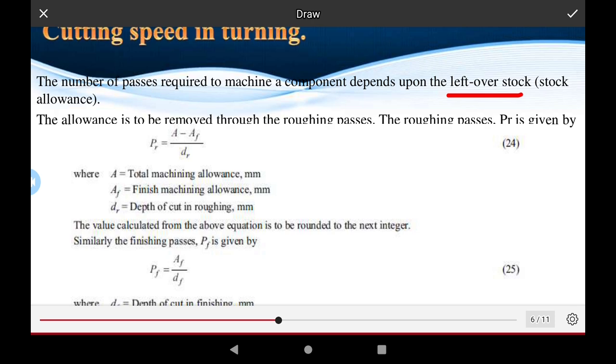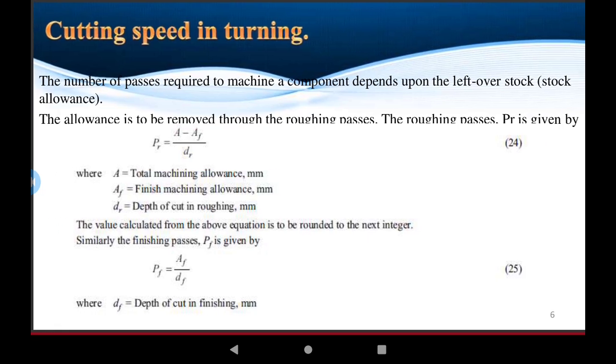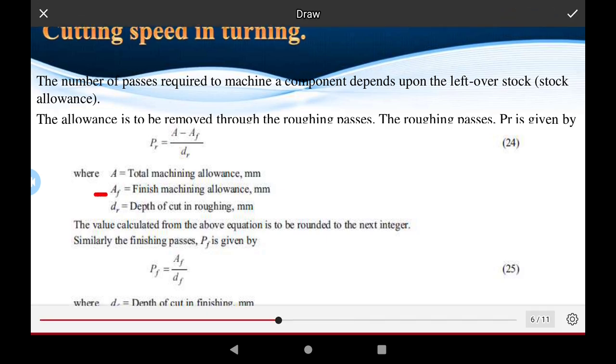The number of roughing passes PR is (A minus AF) upon DR, where A is the total machining allowance, AF is the finish machining allowance, and DR is the depth of cut in roughing, in mm.